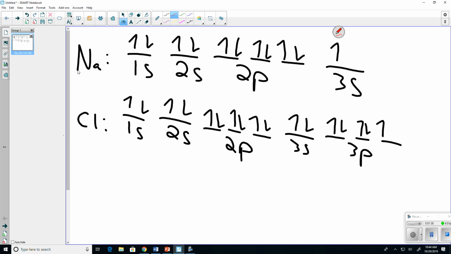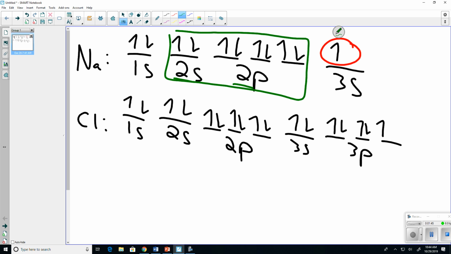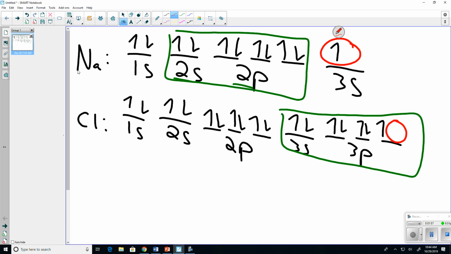And what we should have noticed from last class is that sodium, if it loses this electron right here, would have its new outer shell at the octet, 8 electrons. Chlorine, on the other hand, needs to gain an electron, because then its outer shell would have 8 electrons as well.